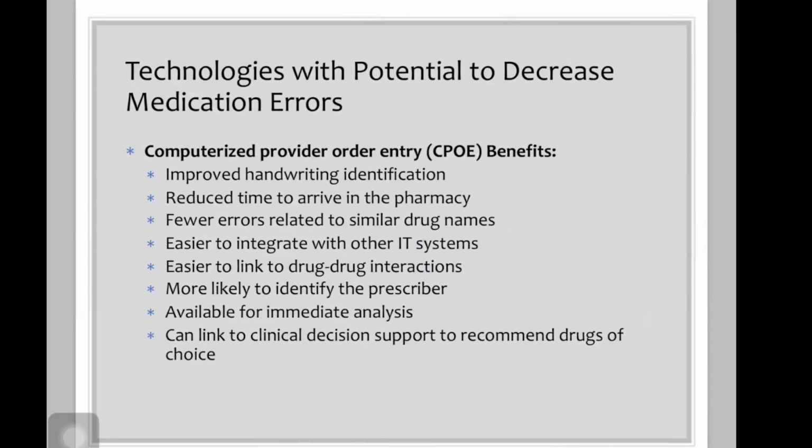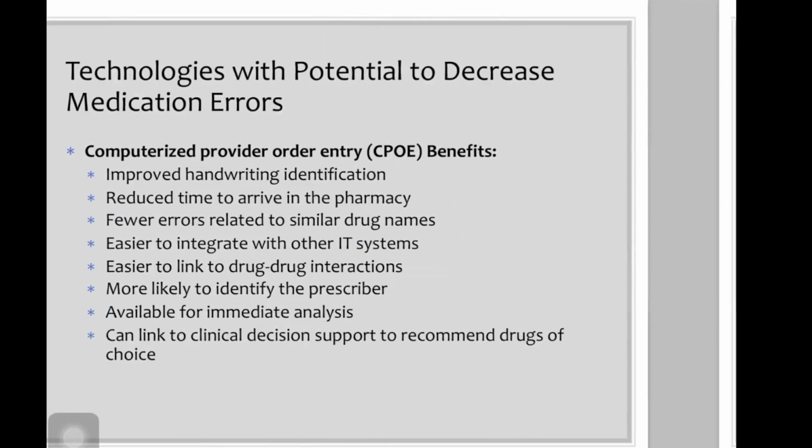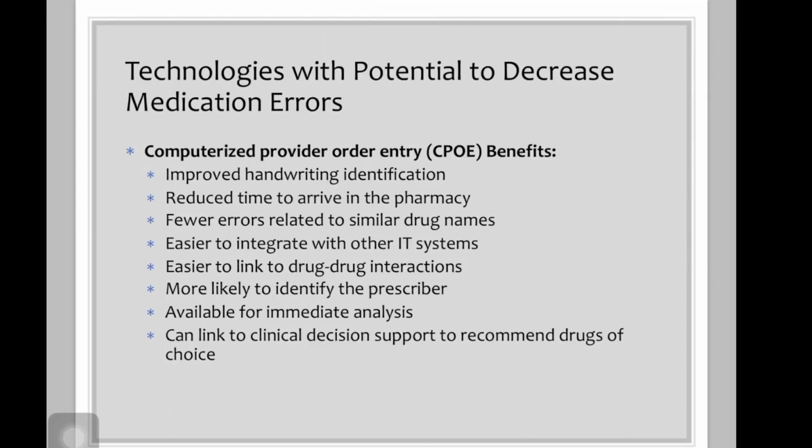Then, we have already looked at some tools and technologies that could help in patient safety and quality. For example, we looked at CPOE, the clinical decision support system module. With the help of CPOE, it improves handwriting identification. It reduces the prescription time to arrive at a pharmacy.